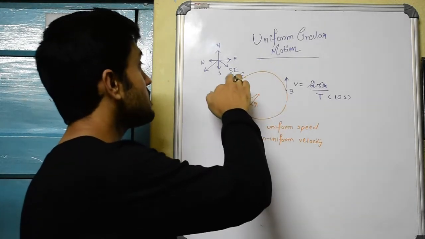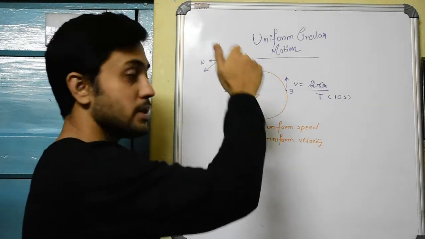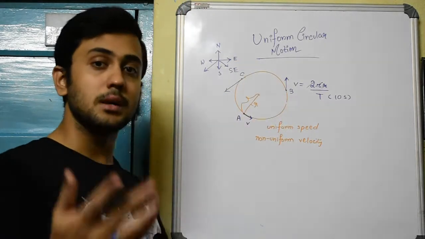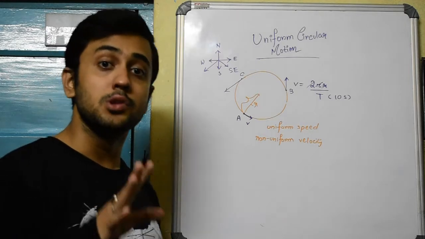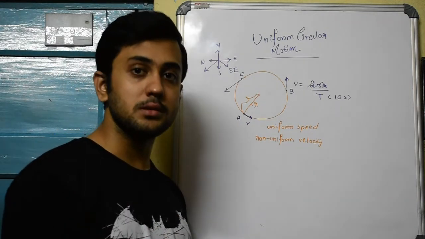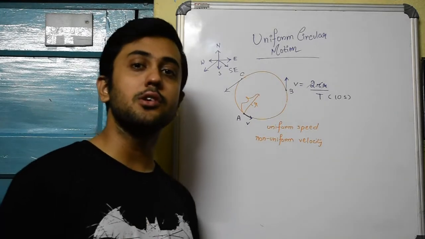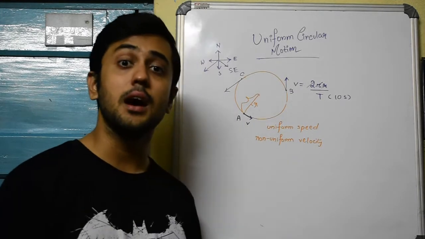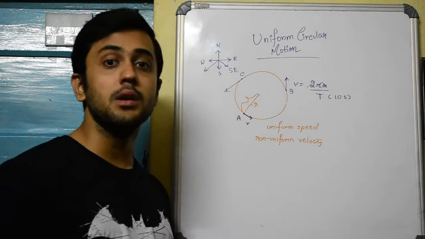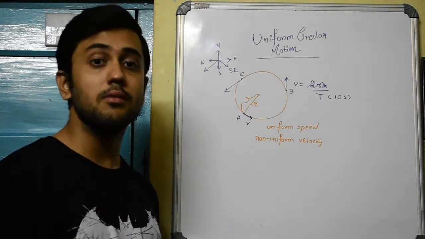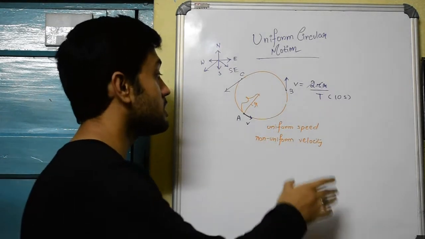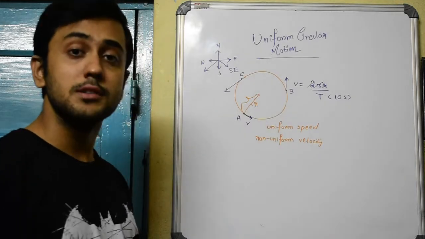The direction changes from southeast to north to southwest, and at any point the direction is something else. That means though the magnitude of the speed is constant, and magnitude is a key word, the direction is changing, as a result of which we will say that the body is having a non-uniform velocity. The body is travelling with a non-uniform velocity, though it's travelling with a uniform speed.